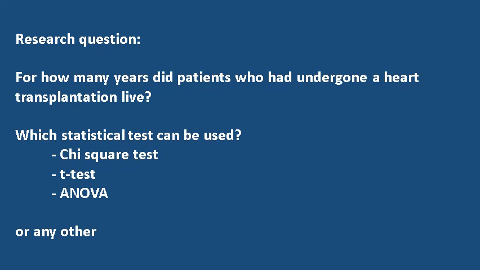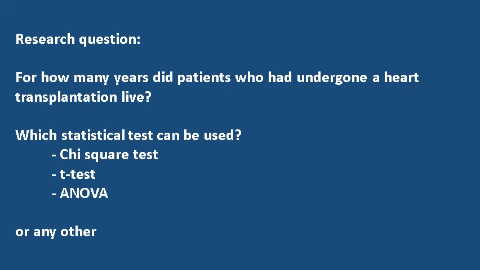Here, the outcome is categorical: how many are dead, how many are alive. That is a categorical variable, dead or alive. But the independent variable here is not categorical: how many years did patients live. So we cannot apply chi-square test.